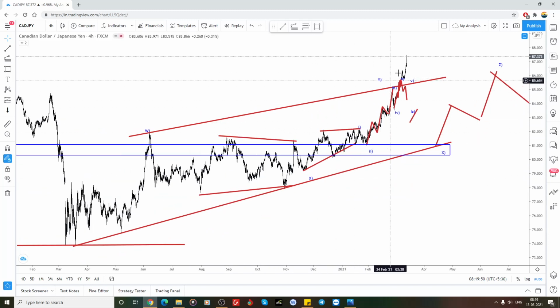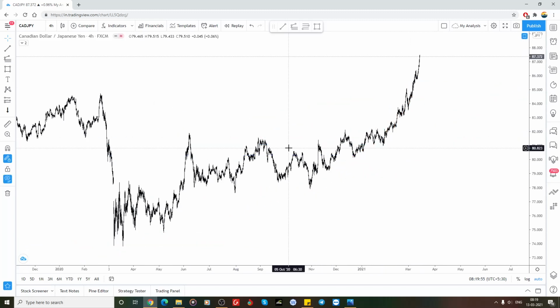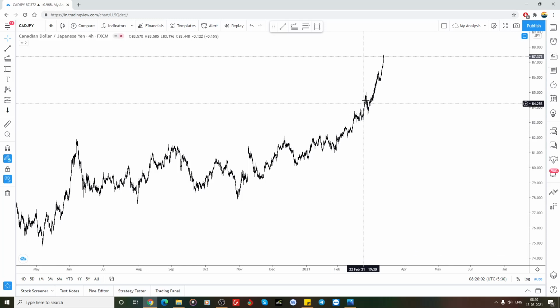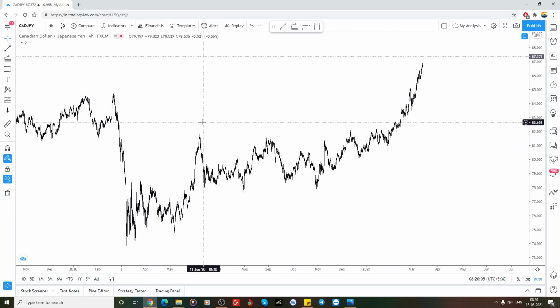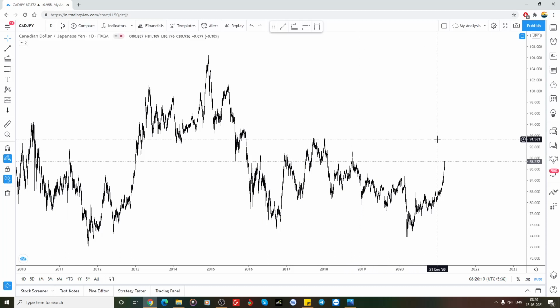As of now, for me, it looks like this could be a 1, 2, so 3 is still going on, or this is a W, and if it is a triangle of X and A is completed, B is also completed here, and C is going on. This is going to be a target for 91 or 89 to 91. That is a target for me.